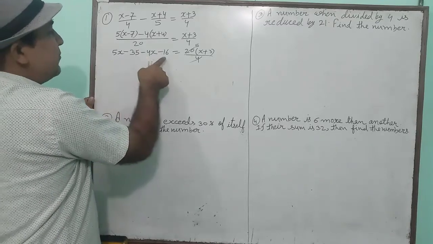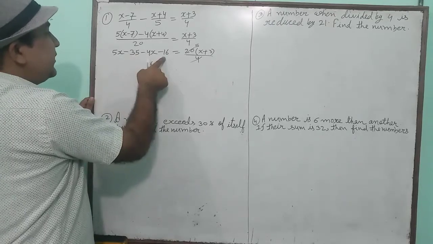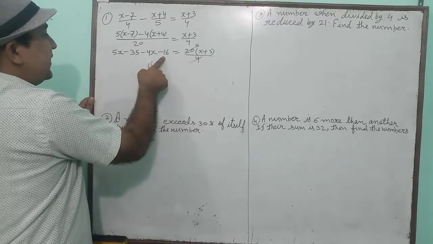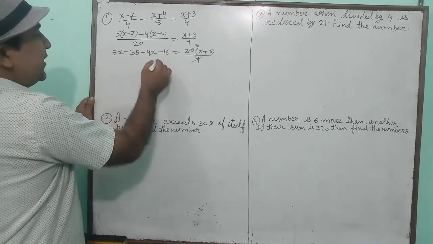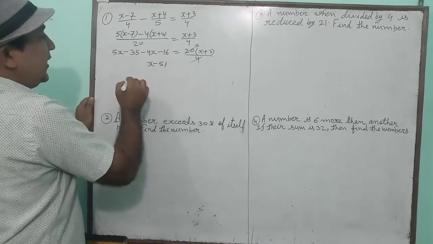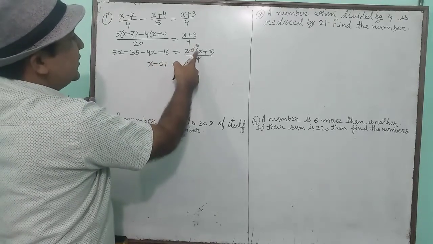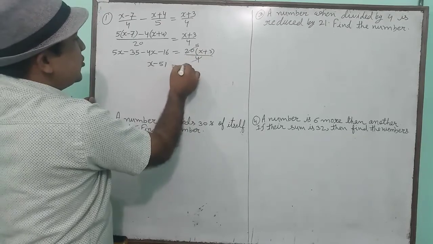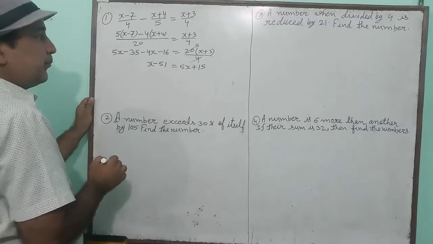Minus 35 minus 16. Since both the numbers are negative, the numbers will be added, but the sign will be negative. 35 plus 16 is 51. Now in the right hand side, this 5 will be multiplied with x and 3. So you will get 5x plus 15.